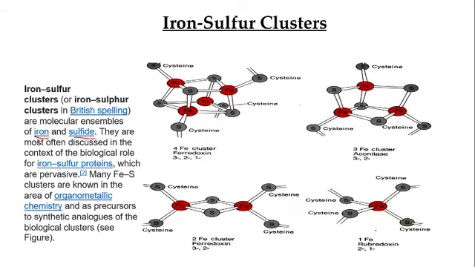Okay, then let's see the structure. This is the first type, rubredoxin. This rubredoxin contains only 1Fe and 0 sulfur, but you can see here there are 4 sulfur. Okay, that means the sulfur has two types. First, the inorganic sulfur, and the second one is the cysteine sulfur. Cysteine is an amino acid.